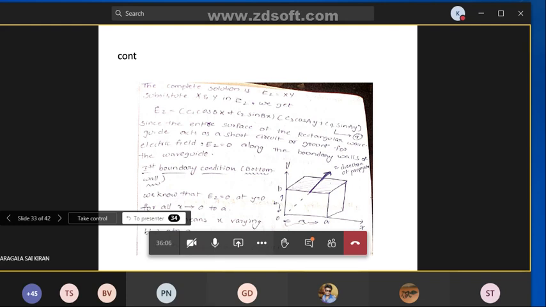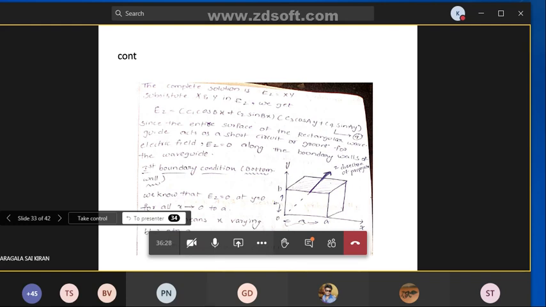The second boundary condition is Ez equal to 0 at x equal to 0, right? At x equal to 0 for all y changes from 0 to b.